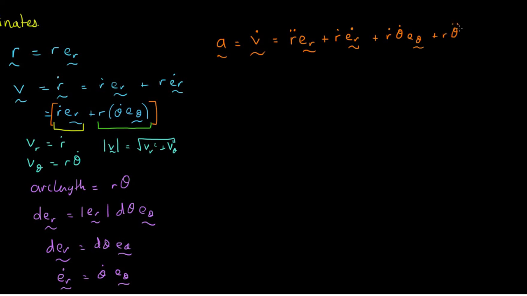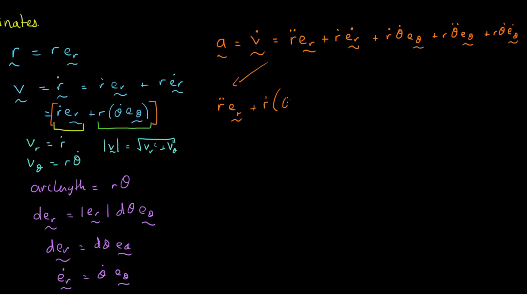Now what is theta double dot? Well, that's just the derivative of our angular velocity with respect to time, which is our angular acceleration, and that's in the increasing theta direction. And then we also have the final term, which is r theta dot e theta vector dot. So if I just move this down to here, we end up with r double dot e of r vector plus r dot. Now what is e of r vector dot?